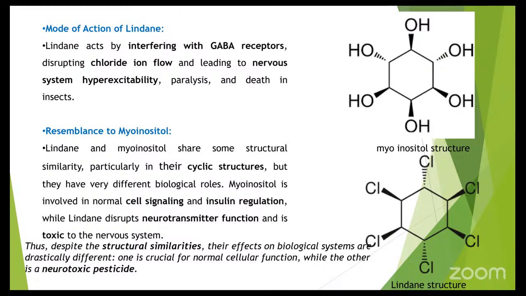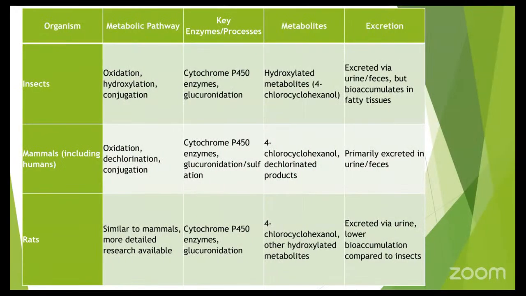So, in mammals, lindane is metabolized by dehydrochlorination, hydroxylation, and conjugation to form several chlorinated phenols and conjugates, which are excreted in the urine. Here we can see the metabolic pathways and key enzymes that are involved, and the metabolites they form upon degradation and how they are excreted in insects.